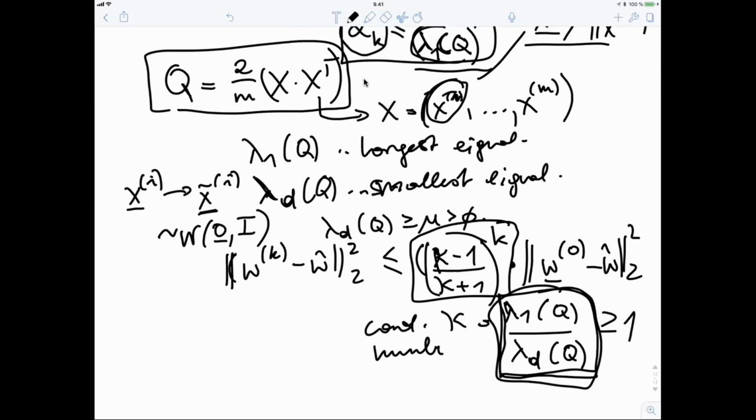Yes, so using uncorrelated features, in the sense that they can be interpreted as realizations of independent random variables, will typically result in this matrix Q here being well conditioned, meaning that the condition number, the ratio of largest to smallest eigenvalue, is close to 1.